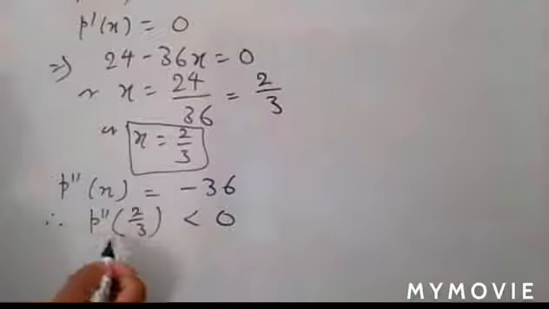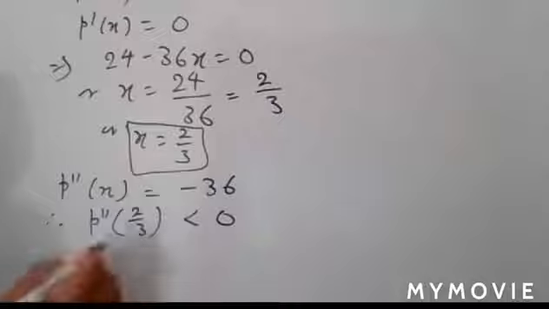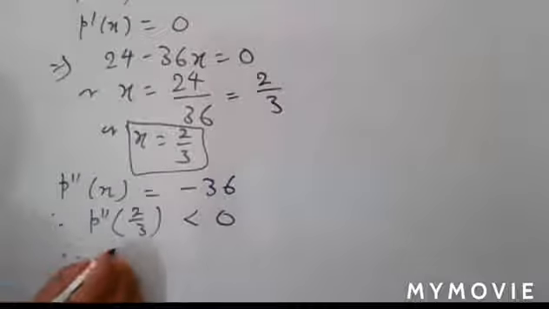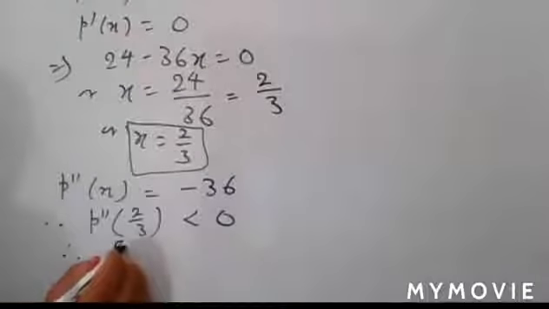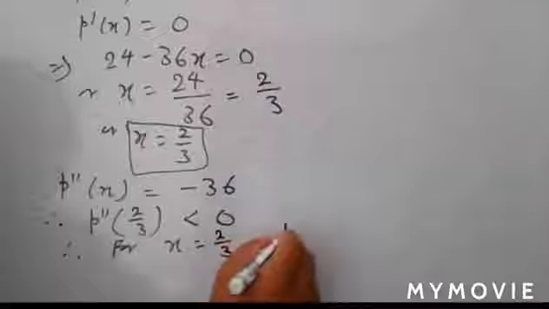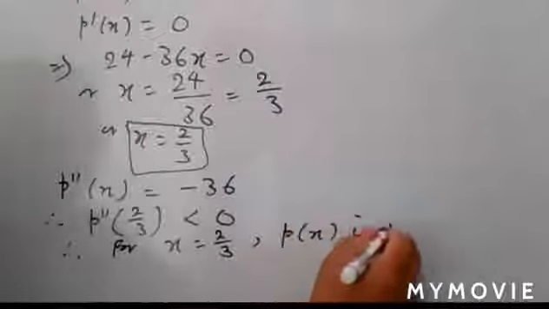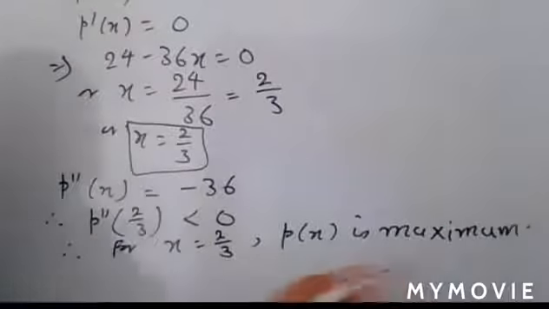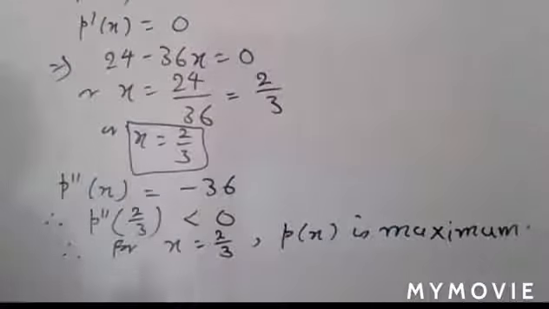Hence, for x is equal to 2 by 3, P(x) is maximum. So this point 2 by 3 is your point of local maxima.